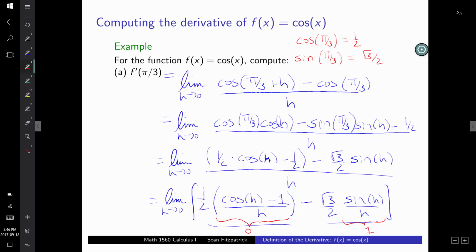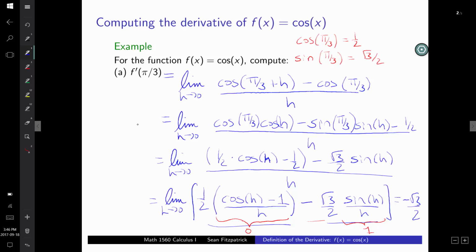So what do we get for our answer? Well, this first thing is all going to go to 0. This is going to be 1 times, what are we left with? Minus root 3 over 2.